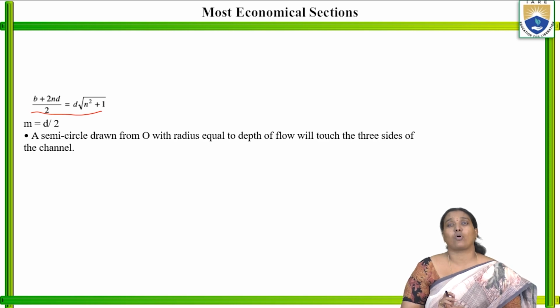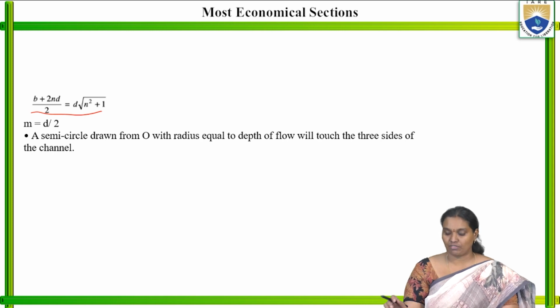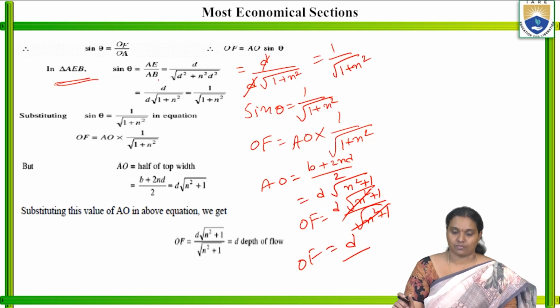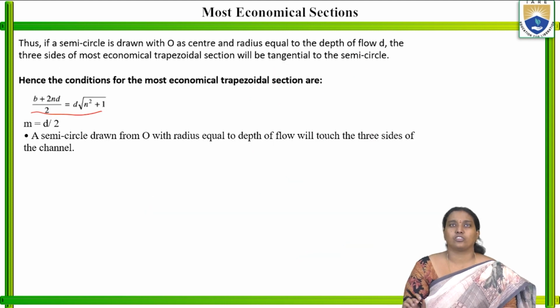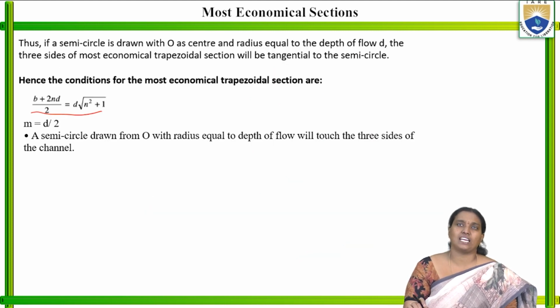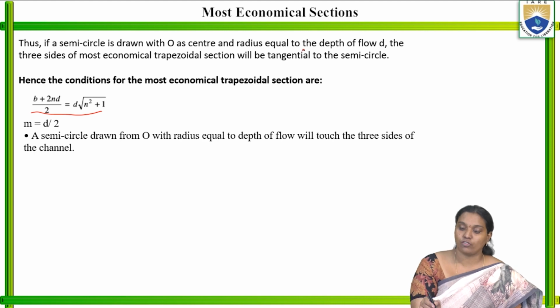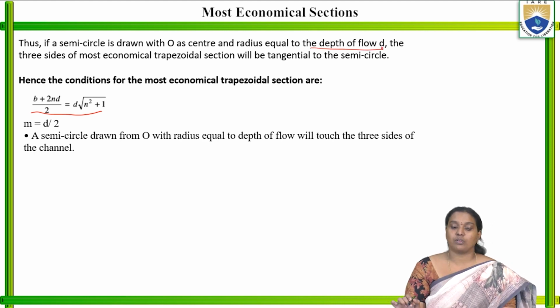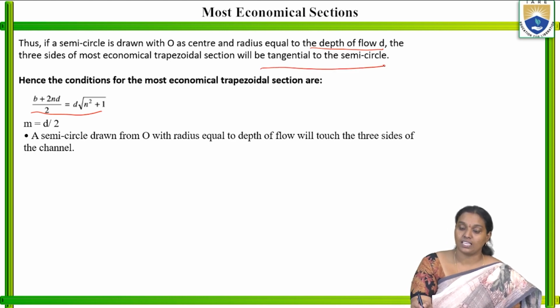A semicircle drawn from O with radius equal to the depth of the flow will touch the three sides of the channel. These are the conditions for most economical trapezoidal channel sections. Thus, if a semicircle is drawn with O as center and radius equal to the depth of the flow D, the three sides of the most economical trapezoidal section will be tangential to the semicircle.